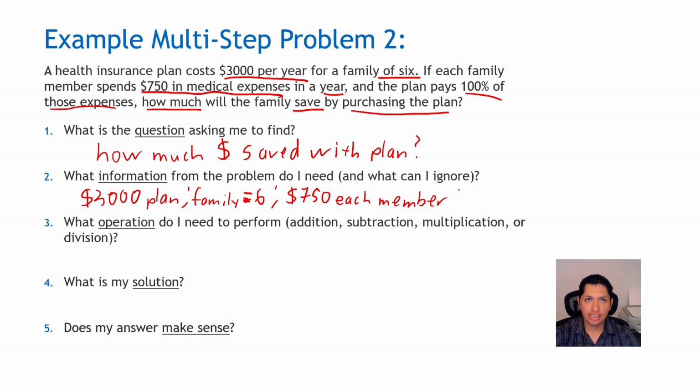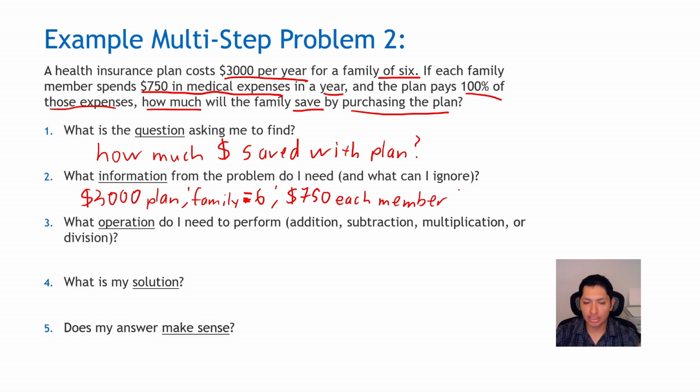That is just information presented to confirm that you don't need to divide or you don't need to multiply a percentage or a decimal in between what the health insurance plan pays and what each family member spends. So this is just confirming that they have a health insurance plan and it's going to pay for every medical expense. So essentially, they pay $3,000 in a year, and no matter how much they spend, the insurance is going to cover it. And that's what you're trying to find.